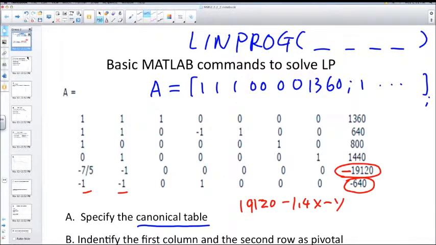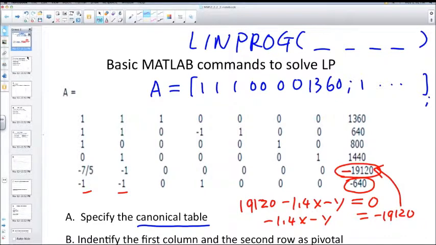Well, we write everything as the equation, and then you can write this equals 0 if we move the constant to the other side, and then this equals negative 19,120. That's how the negative comes about. So remember, don't mess up this step. It's negative.